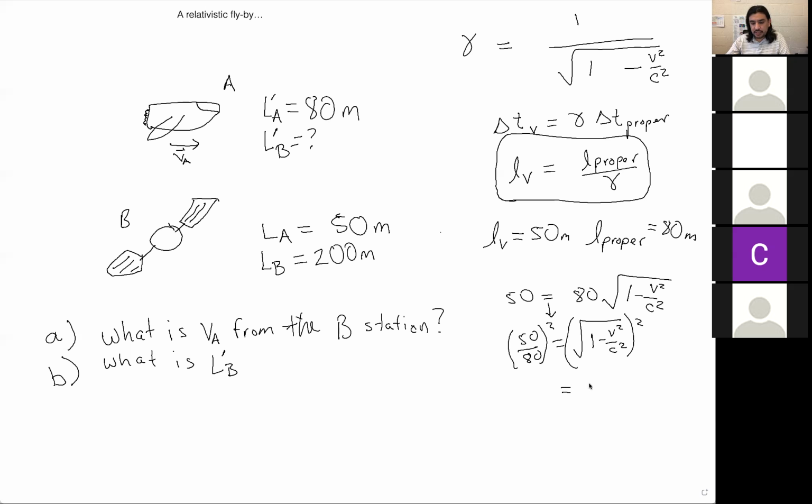And then that means that you have 1 minus b squared over c squared, and here you have a number. And then you just solve for b squared. You can grab this one, take it over here, or however you do the algebra manipulation, and that's how you get the 0.78. Yeah, around 0.78.